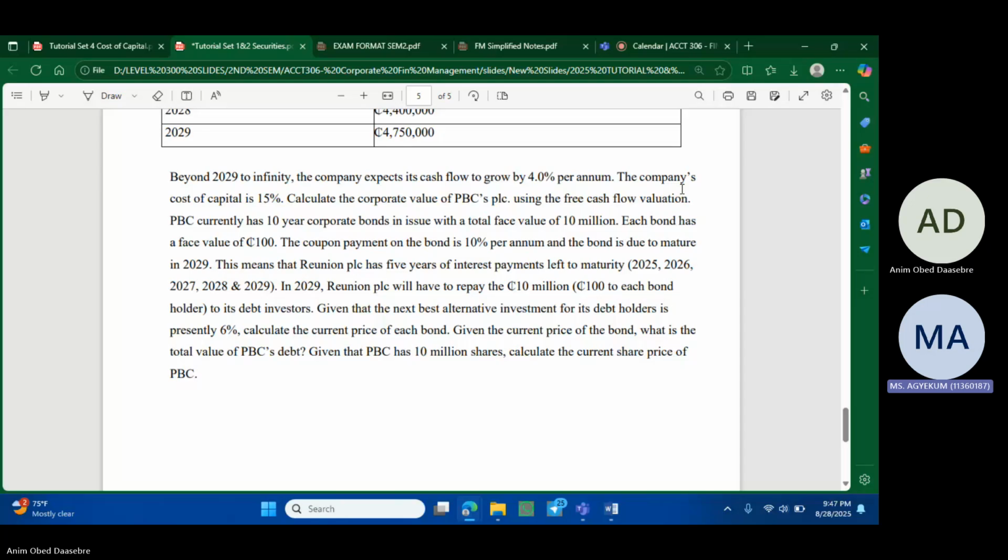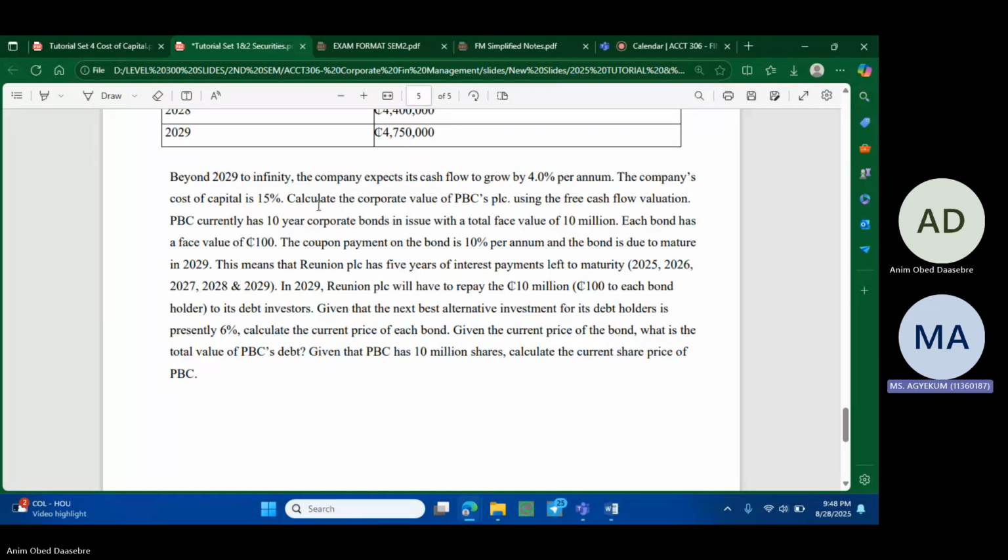PBC currently has 10% corporate bonds in issue with a total face value of 10 million. Each bond has a face value of 100 cedis. The coupon payment on the bond is 10% per annum, and the bond is due to mature in 2029. This means that PBC PLC has 5 years of interest payments left to maturity: 2025, 2026 to 2029.